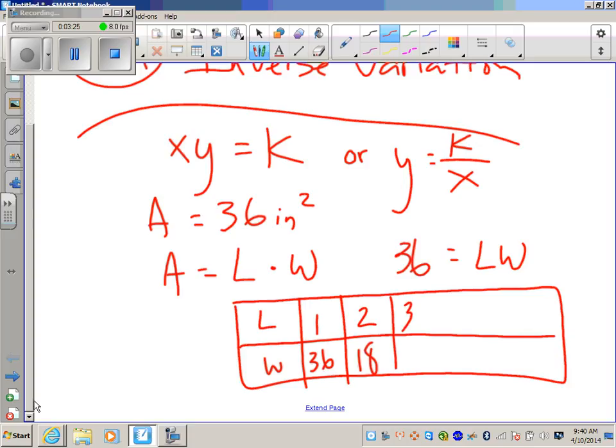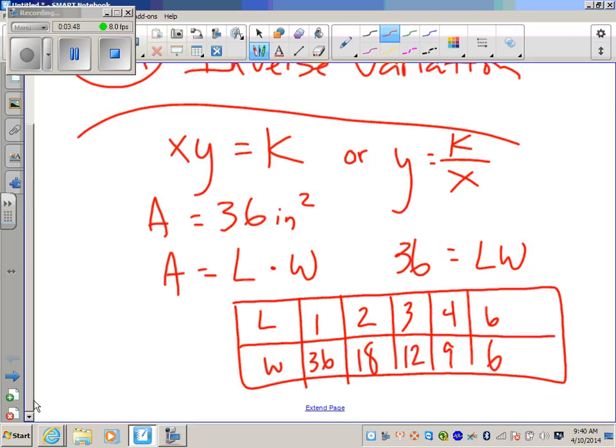If my length goes up to 3, 3 times what gives me 36? It goes down. 4. Goes up again. 9. And 6. Okay. It still went up. Your width still went down.